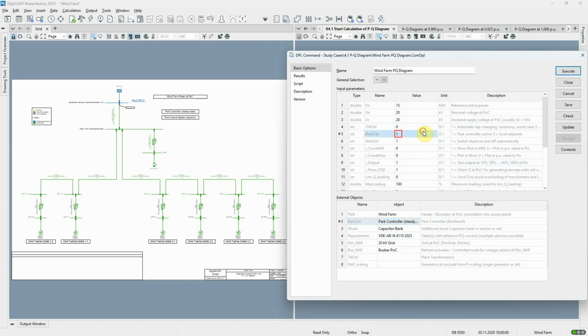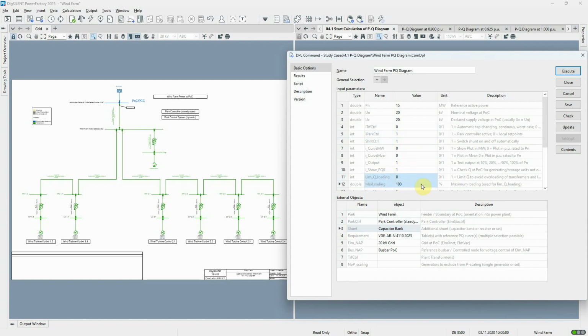And this setting means that we have opted to enable the station controller in the analysis. This object is a switchable capacitor that's used to provide reactive power compensation. With this setting enabled, the script will set the capacitor to minimum step in the first sweep and maximum step in the second.